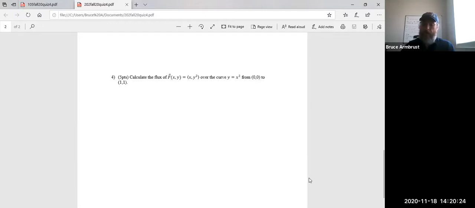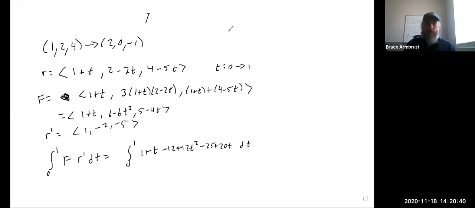Okay, well, anyway, so we need to parameterize. So our curve is y equals x squared. So that means the parameterization is going to be easiest if we just do, say, x equals t and then y equals t squared. Right, so we can do this as t comma t squared.